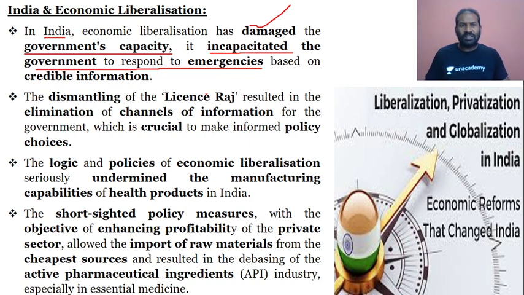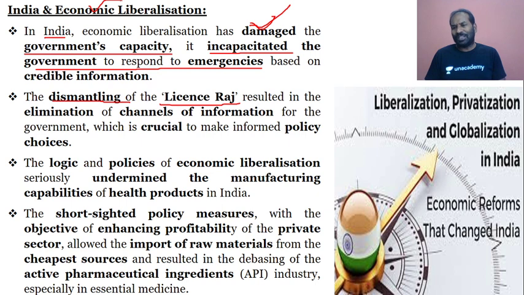So all this is impacting negatively, and as per the author, it is damage to government's capacity, and it has also meant the dismantling of the license raj. Because of the emergence of economic liberalization, the license raj has come to an end.